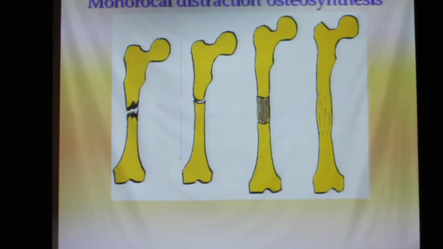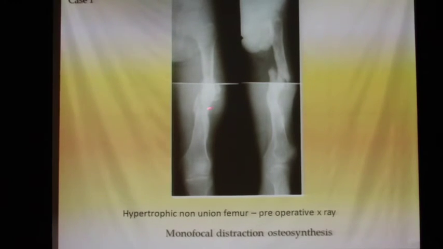Next. For example, this bone is there, but gradually we got some callus there, so we have removed that and we are doing the distraction osteogenesis. Next. So it was a case where there was some callus.